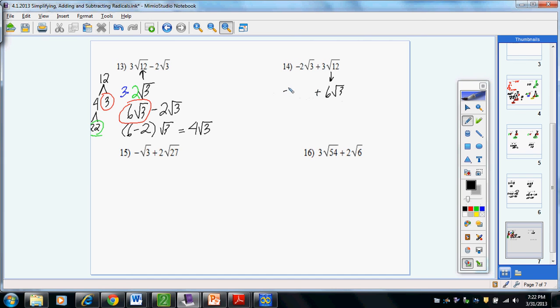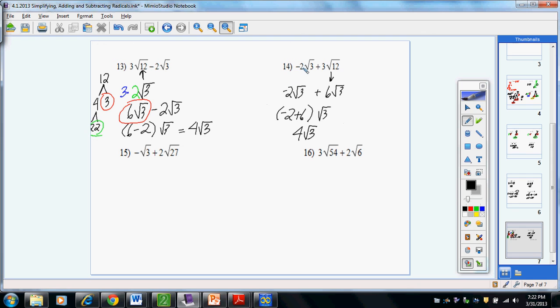And then we have the negative 2 square root 3. Okay, so again, we're going to go ahead and factor out the square root 3, and we're left with negative 2 plus 6, which is going to equal 4 square root 3.